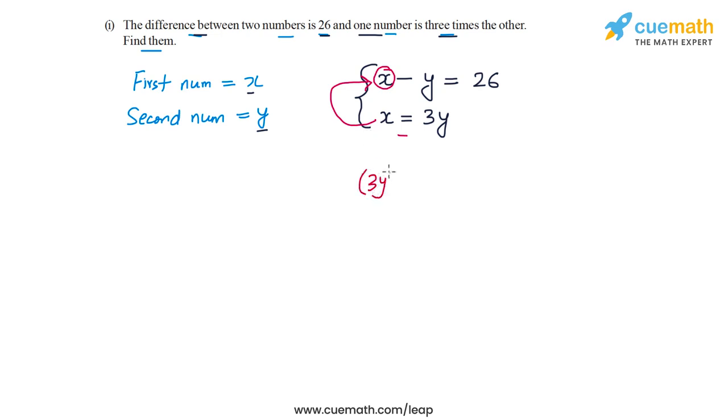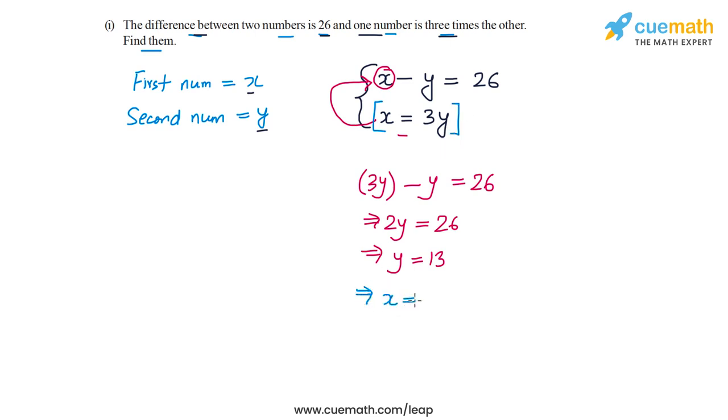So 3y minus y is equal to 26, which means that 2y is equal to 26, or y is equal to 13. Then from the second equation we have x equal to 3y, which means that x is equal to 3 times 13, or 39.